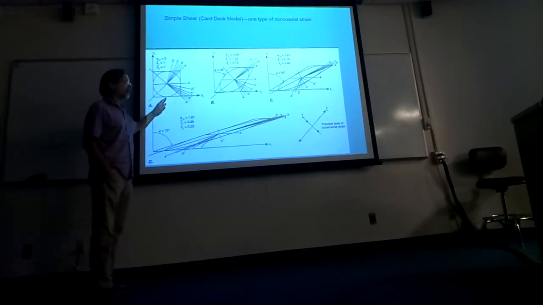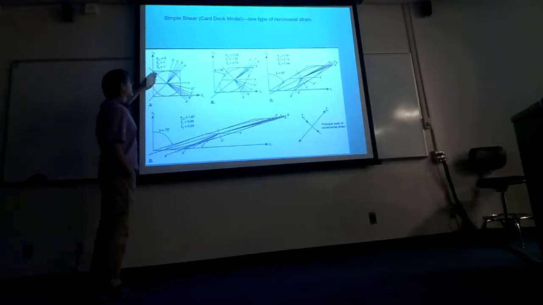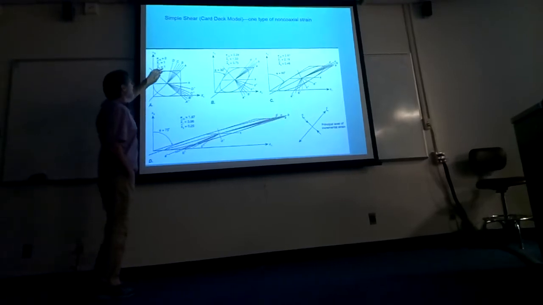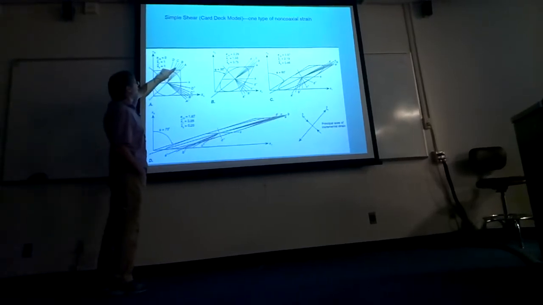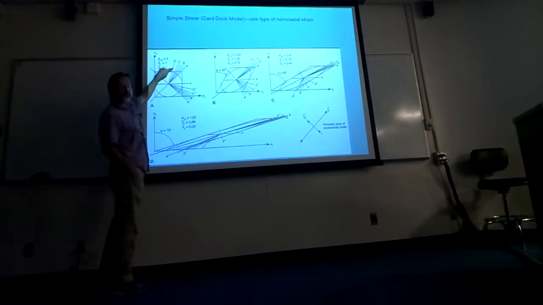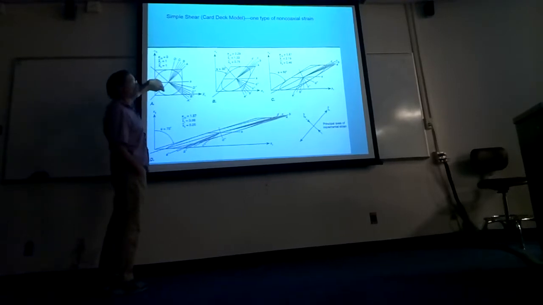It's illustrated graphically here very well. At no strain, of course, you start with a circle, but shown here are a series of reference lines, A, B, C, and D, that are in the initial configuration on this strain ellipse.